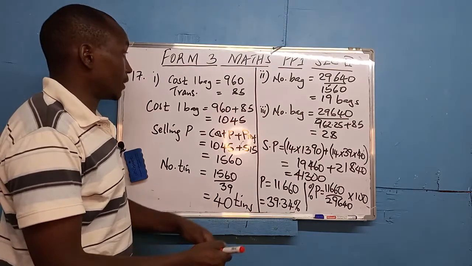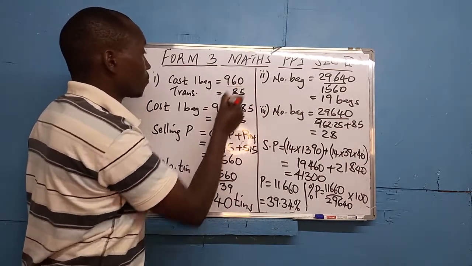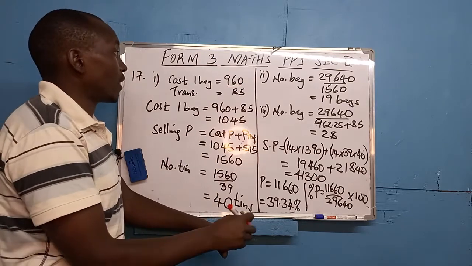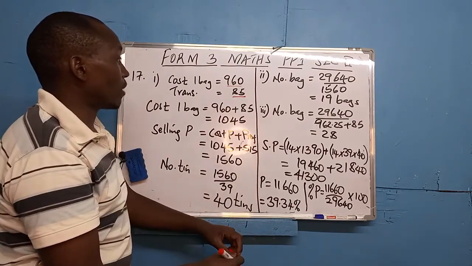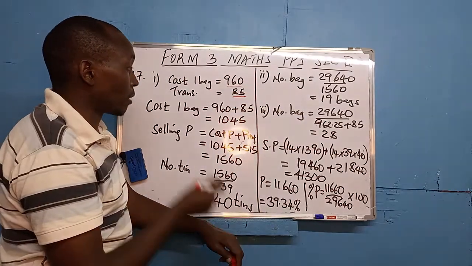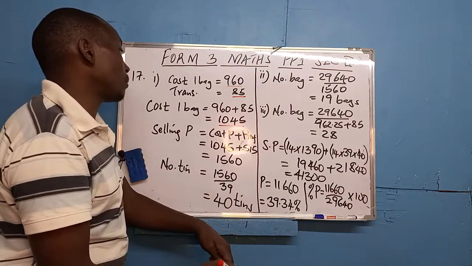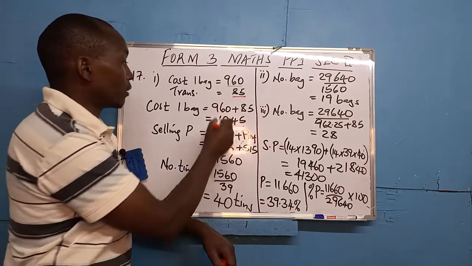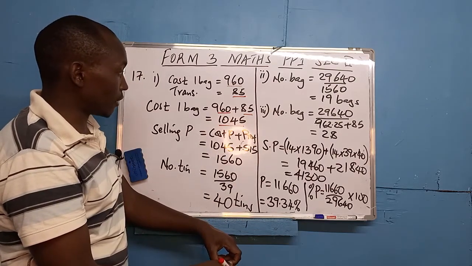Question number 17. Over here, you're given that the cost of one bag of maize is 960. This person spent 85 shillings to transport each bag. That means the cost of purchasing one bag of maize will be the two added. It's 960 plus 85.